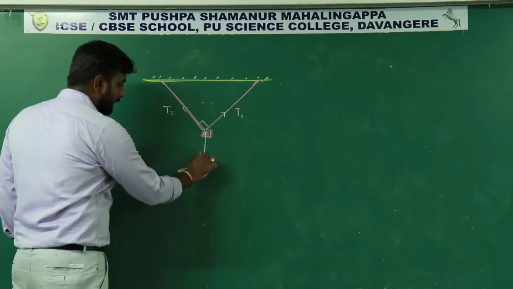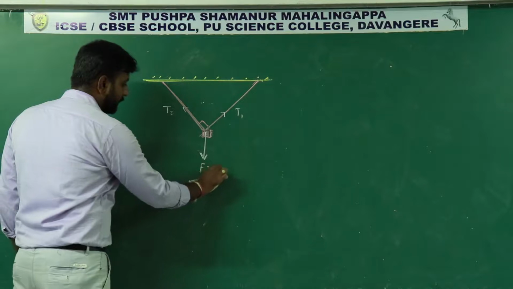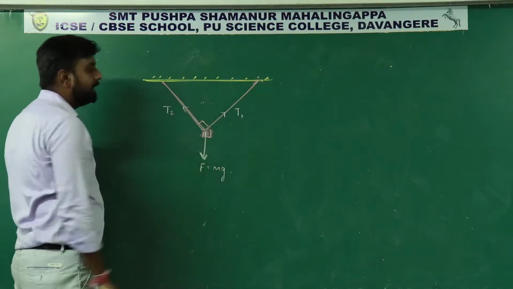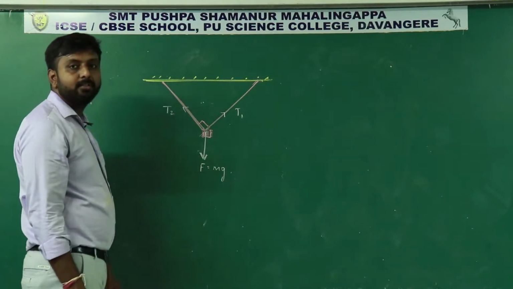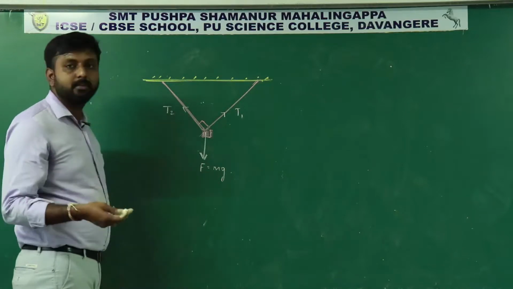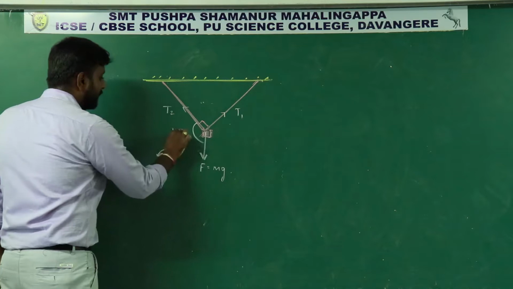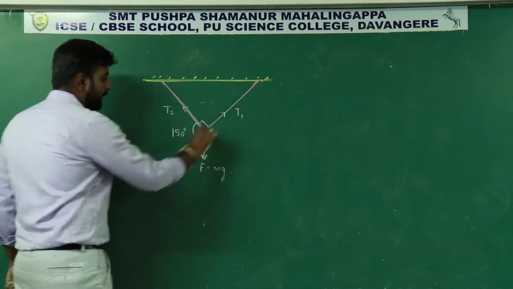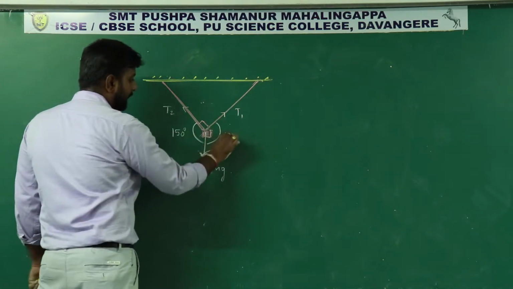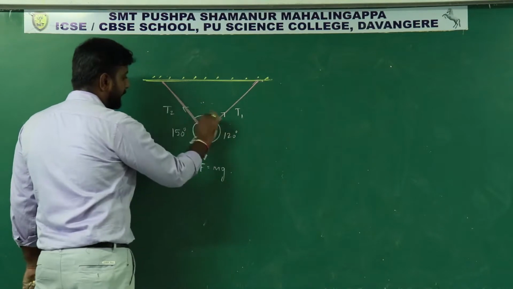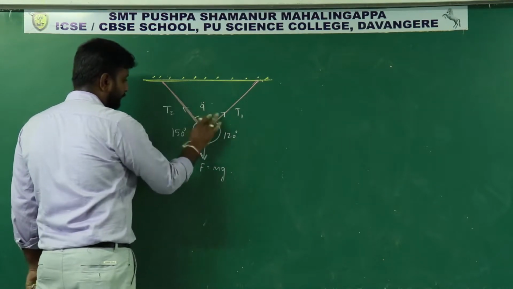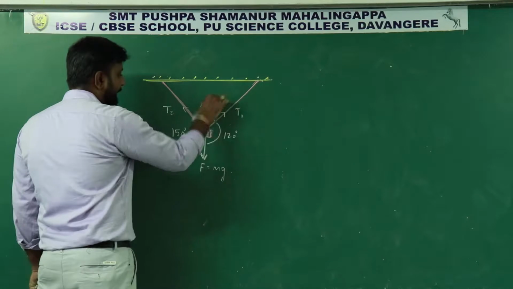That weight, let us take it as F. That F is equal to mg, acting downwards. How many forces are there? Three unknown forces are there. And this angle, let us consider it as 150 degrees, this angle as 120 degrees, and this angle is 90 degrees.